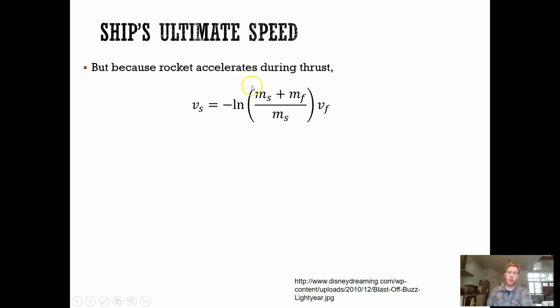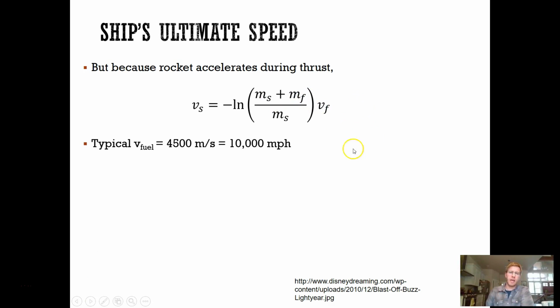You get this natural log because the total mass of the ship changes with time. As you shoot out more and more fuel, you're decreasing the amount of mass you have to accelerate. Therefore, you have to integrate as it changes.